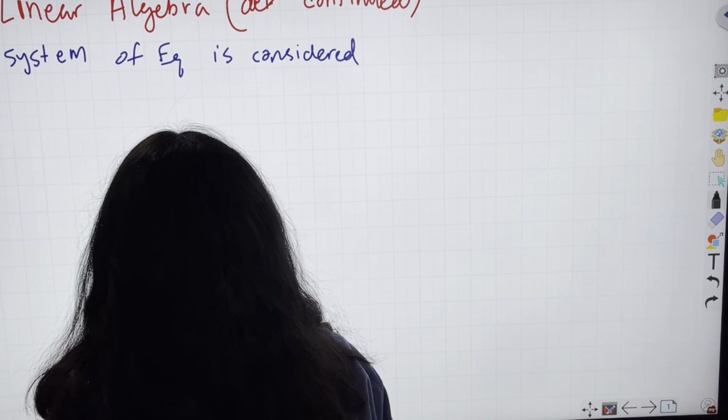So if you have a line whose equation looks like this, and you have another line whose equation looks like that, okay? And you see where they intersect.